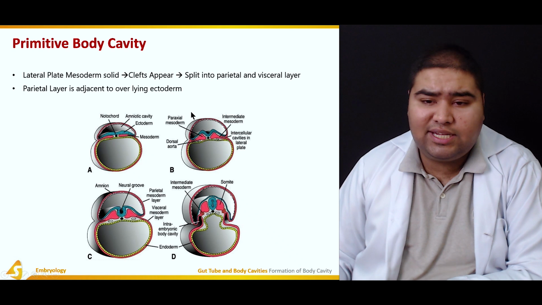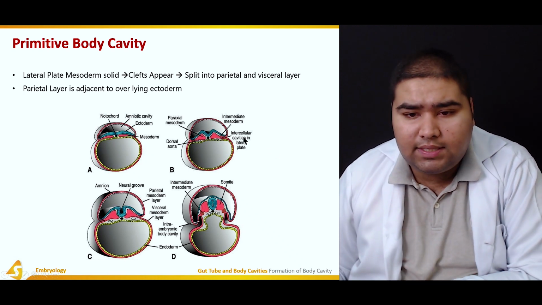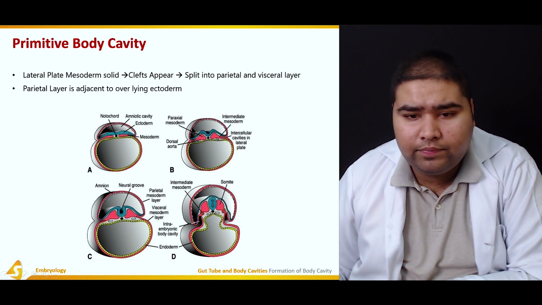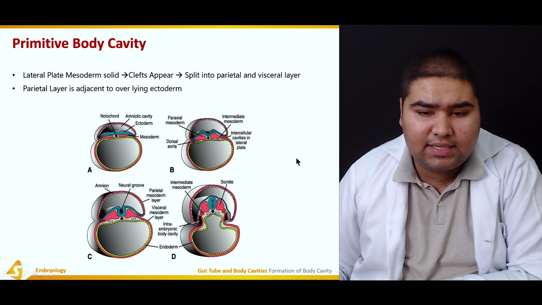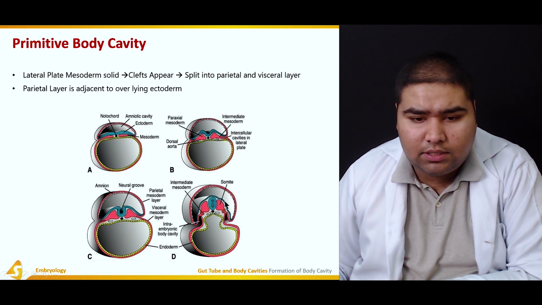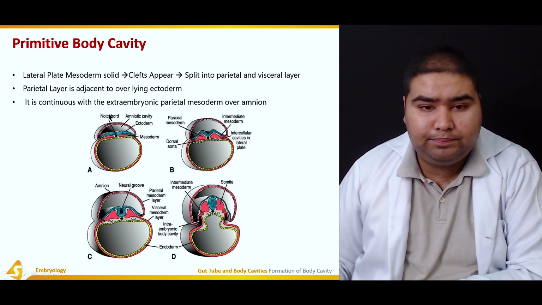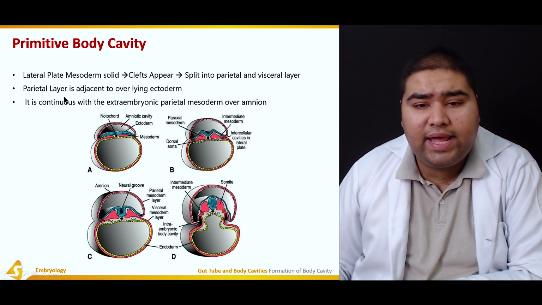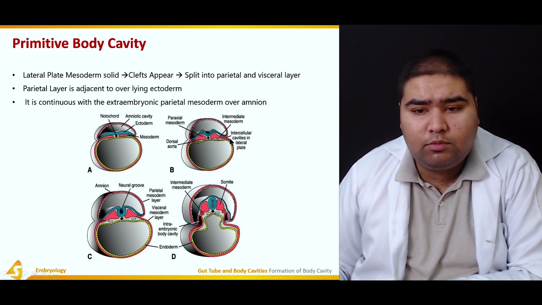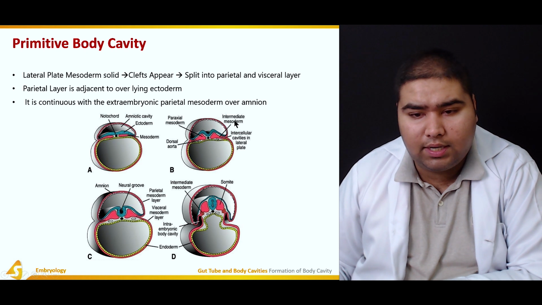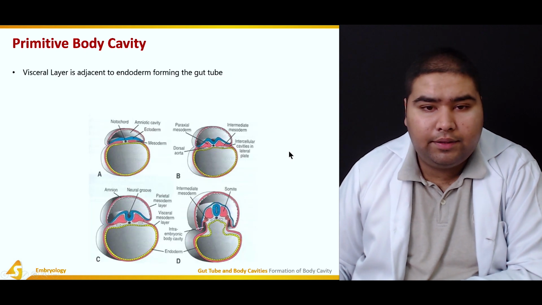Parietal layer is adjacent to the overlying ectoderm. This is the overlying ectoderm, and parietal layer is adjacent to it. It is continuous with the extraembryonic parietal mesoderm over the amnion. Here you can clearly see it.